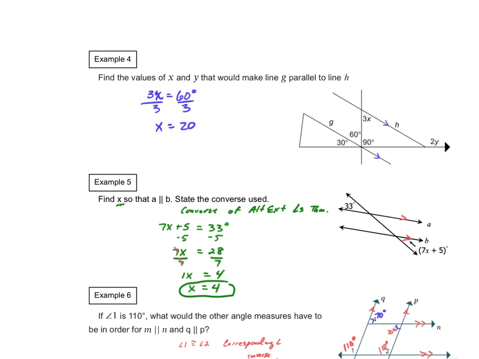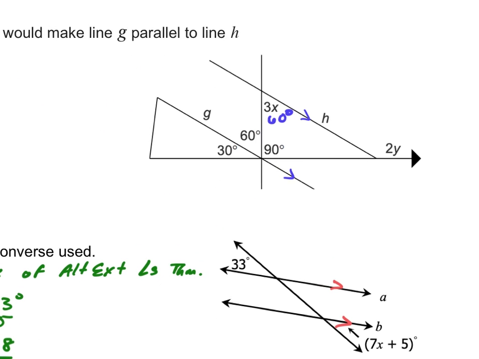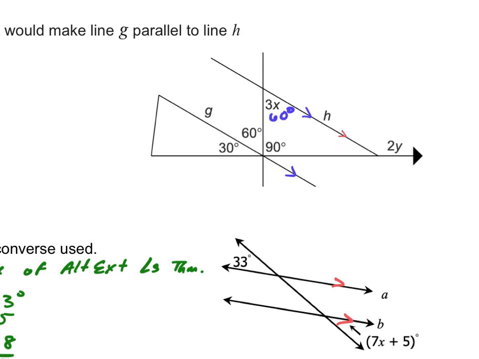Okay, so I could say if this is 20, then 3 times 20 is 60, right? That would be what we're saying. Clean that up a little bit. So this is 60 degrees. Then the way to find y, we have to look at the bigger picture here. If this line was parallel to this line again, that would make this angle correspond to those two angles added together.